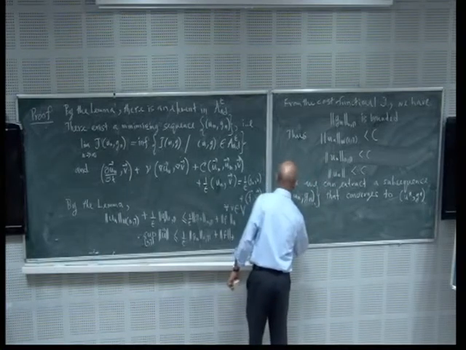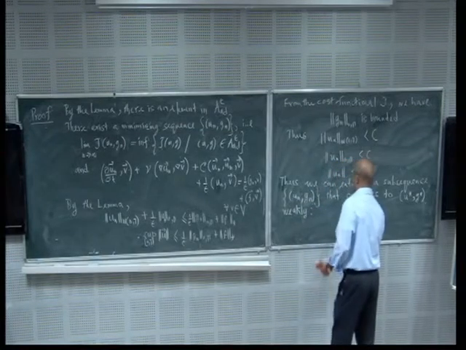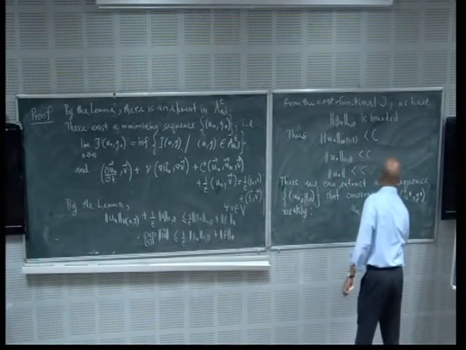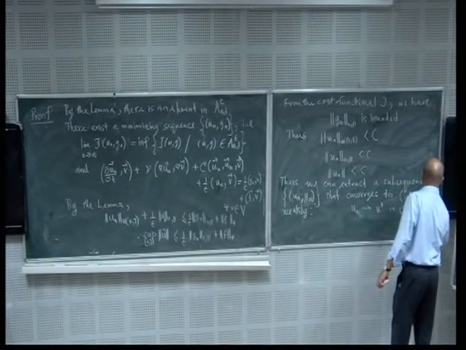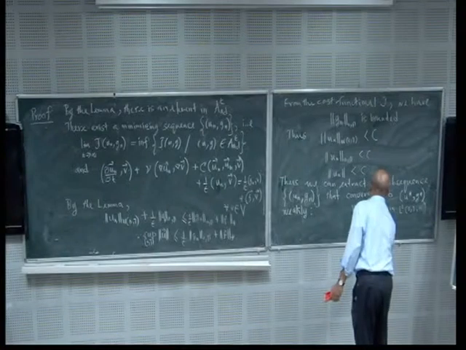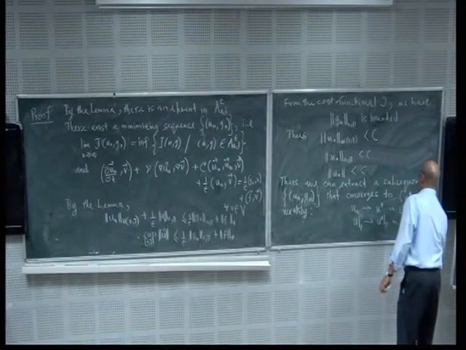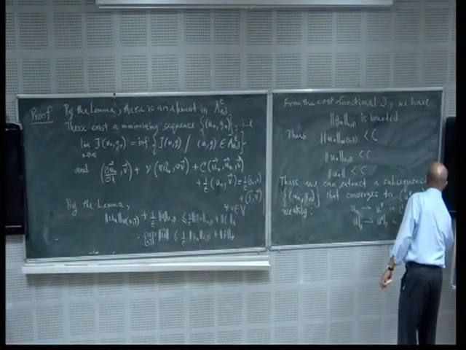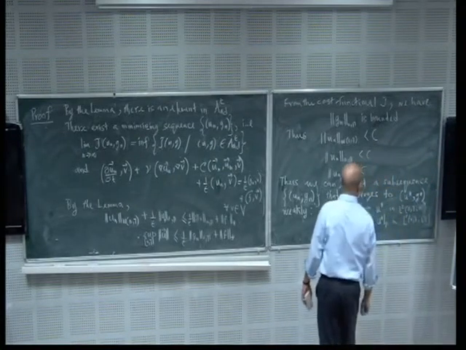So let me write this statement. un converges to u star in L2(0,T;H1), and un at the boundary converges weakly to u star at the boundary.